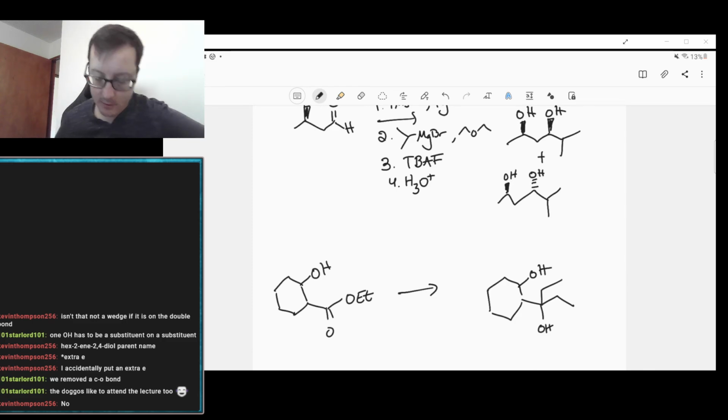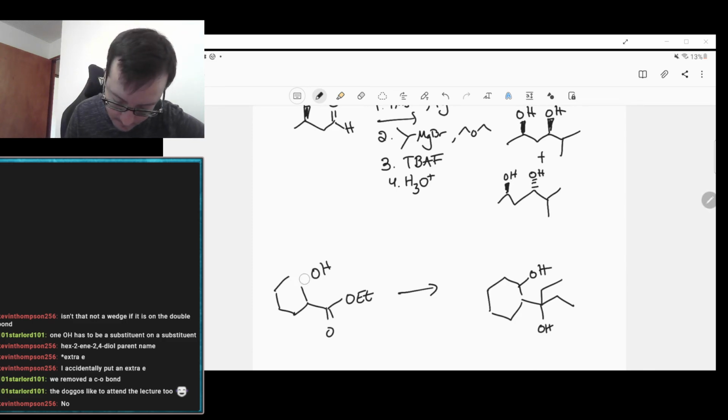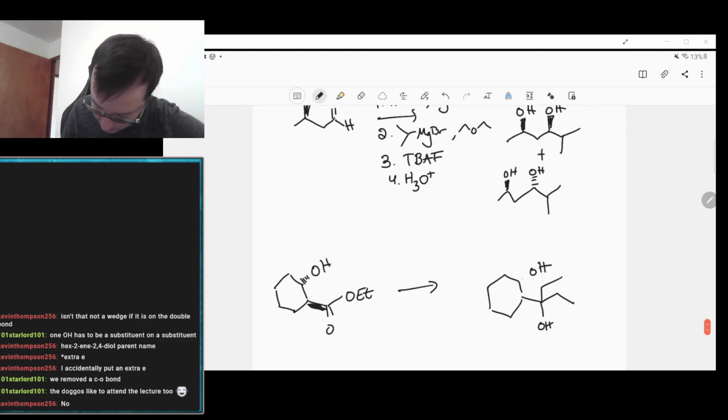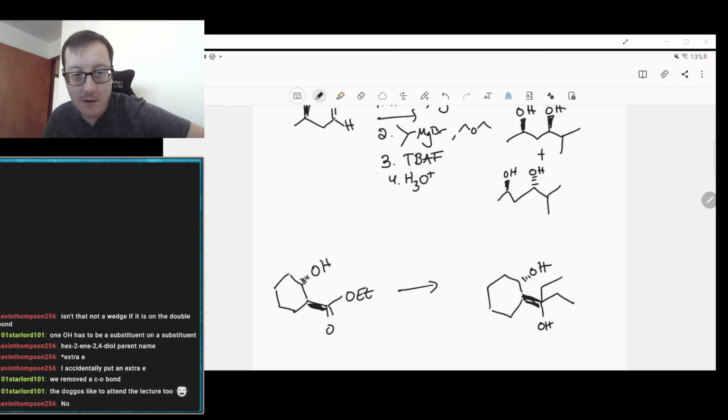And of course, stereochemistry in here doesn't really change anything, but there we have it. Stereochemistry, yay. So what set of reagents would we need to make this happen?